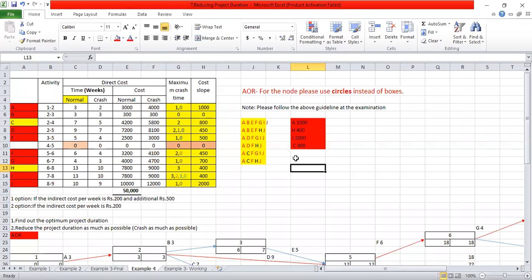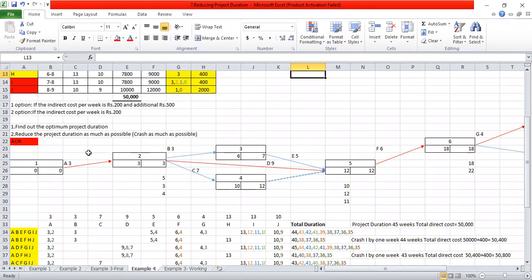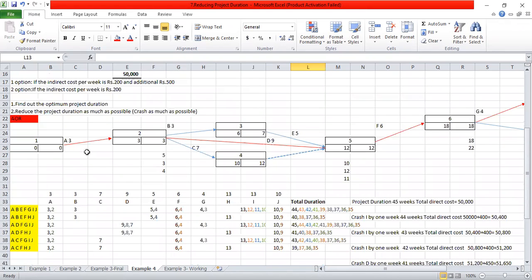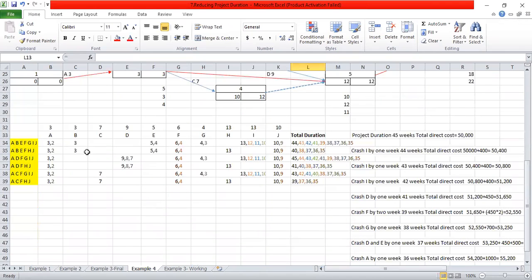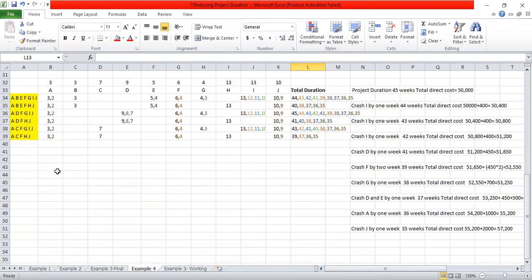We can reduce the project duration up to 35 weeks. So this is the answer for the second question.